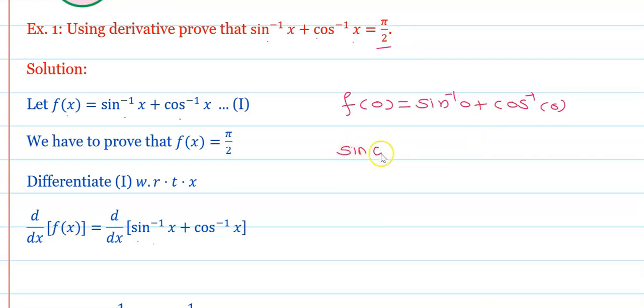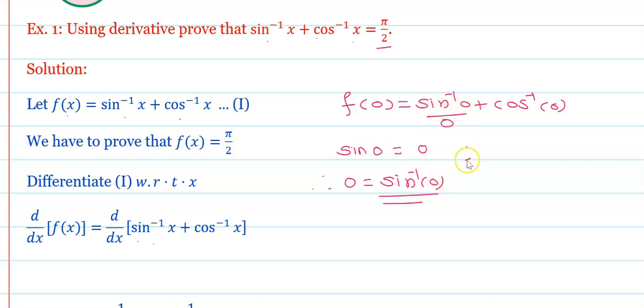Sin 0 is equal to 0, and hence I can write this in terms of the inverse: 0 is equal to sin inverse of 0, and hence the value of sin inverse of 0 is 0 here.